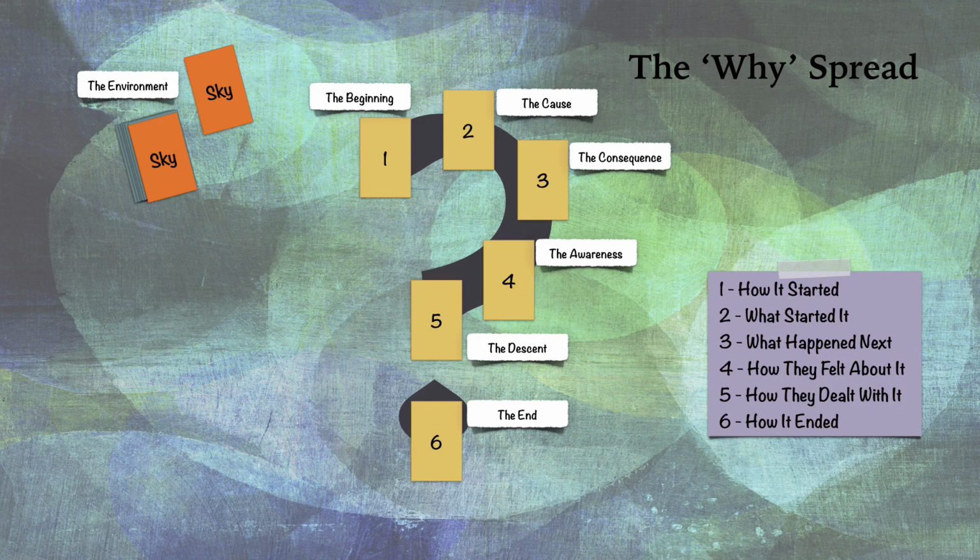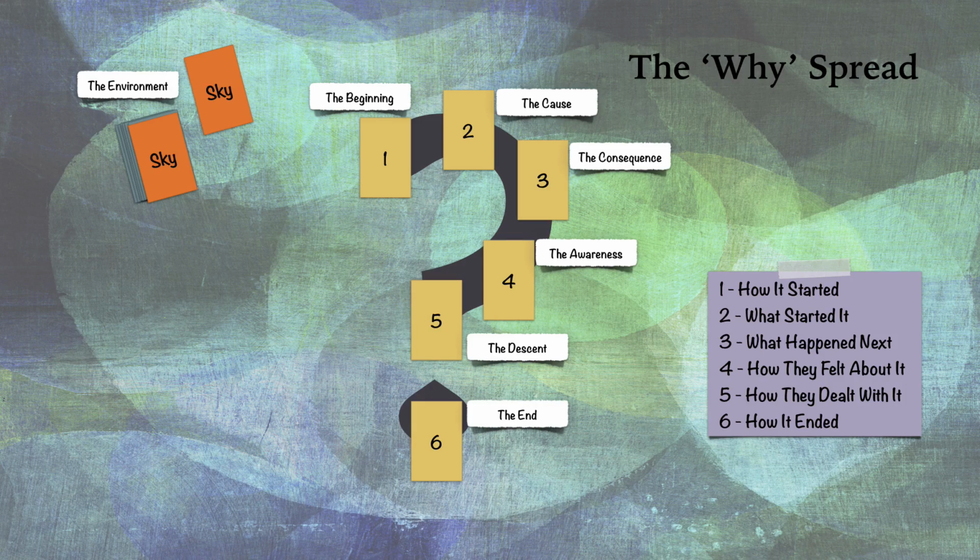So essentially how it started, and then what was the root cause of it, why they behaved the way they behaved, or why the situation happened the way it happened. The consequences will tell you what happened right after, or as a result of this whole thing, and then the awareness, right? Because how they felt about it.